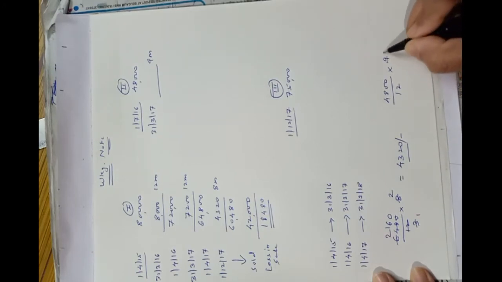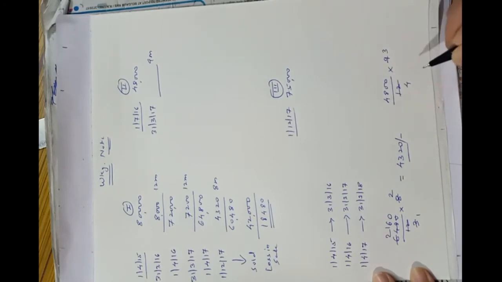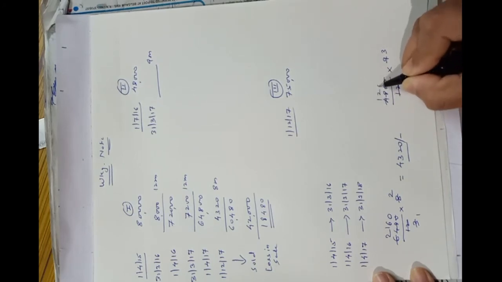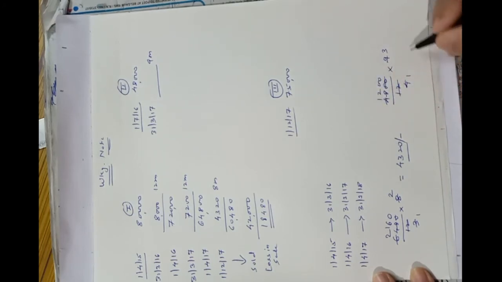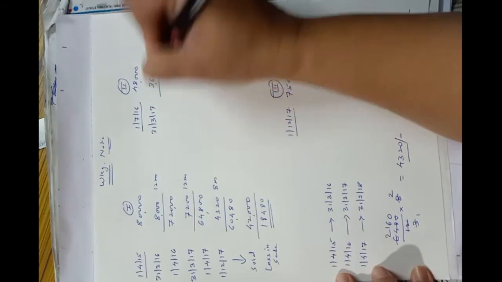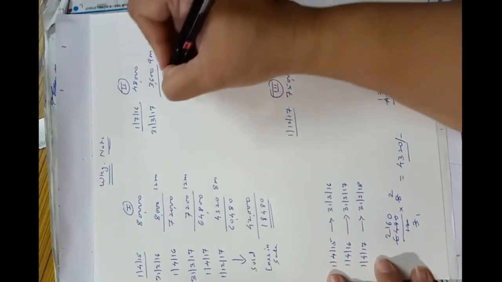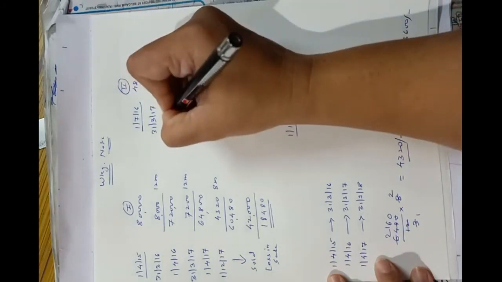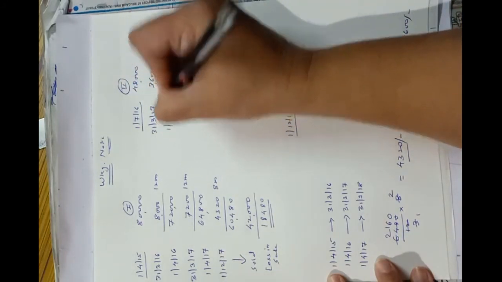Understood. 3 3s are 9, 3 4s are 12, 4 1s are 4, 4 2s are 8, 1,200 into 3, it is 3,600. So depreciation here will be 3,600. Understood? And after deducting 3,600, 44,400 will be the written down value on 1st April 2017.